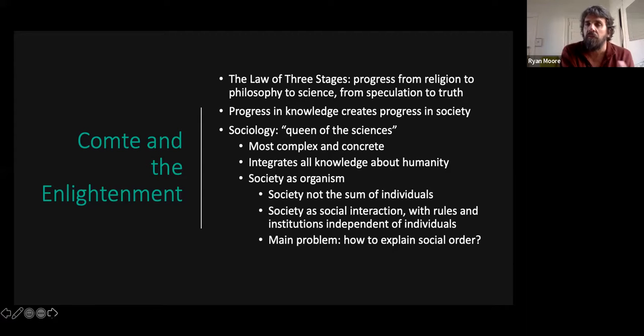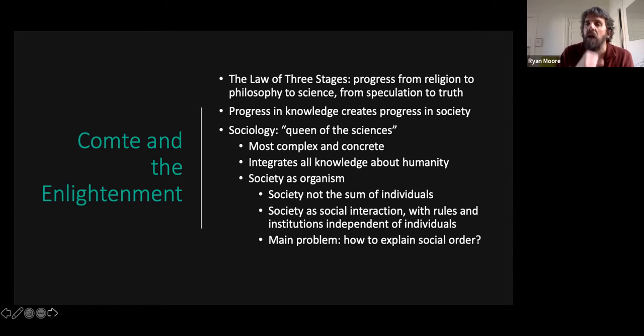So this law of three stages, again, reproduces this assumption of social progress, that human societies progress from the superstitions of religion to philosophy to science, or another way of putting it, from speculation to truth.